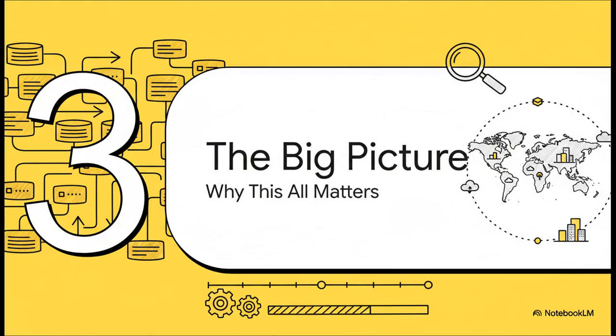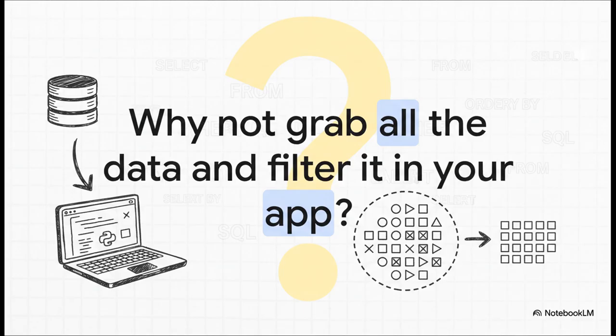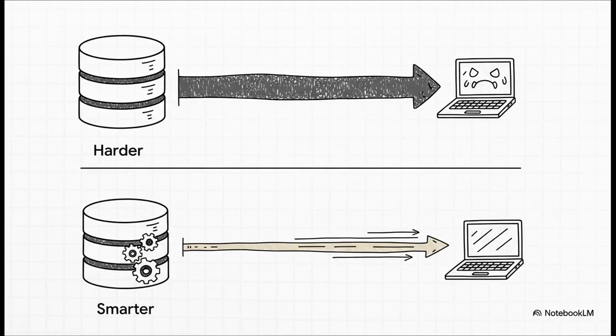Now, you might be thinking, this is cool, but why is it so important? I mean, why go through all this trouble inside the database itself? Let's talk about that big picture. This is a really, really common question. Why not just tell the database, give me everything, pull all of it into my Python code, and then do all the filtering and sorting there? I mean, it seems easier sometimes, right? Well, the answer really comes down to working smarter, not harder.